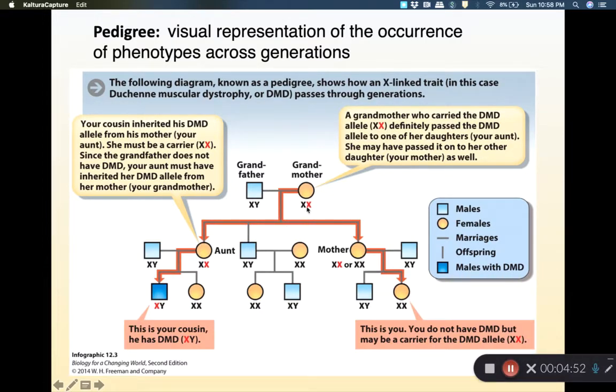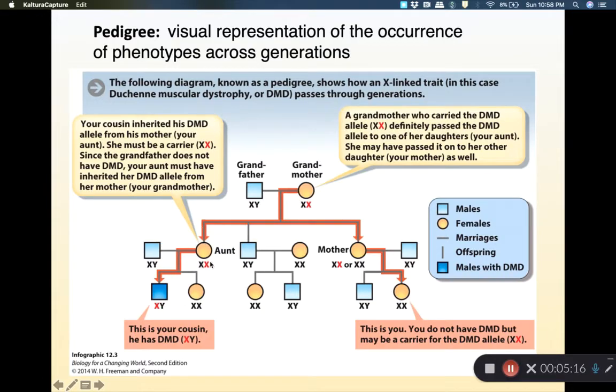And again, here in red, we see that X is going to be those that have that DMD disease, where the normal X chromosome is overshadowing that inherited X chromosome. And we can see how that X is then inherited across this tree.